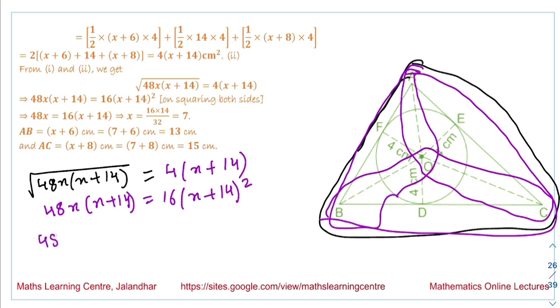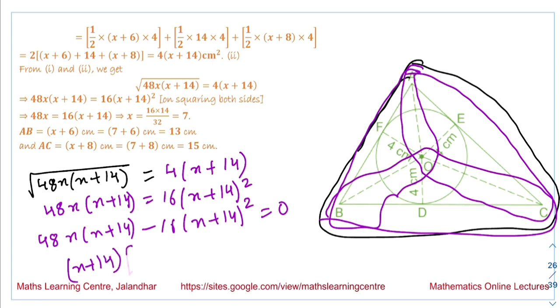You can write 48x into x plus 14 minus 16 into x plus 14 square is equal to 0. So x plus 14 is common. We are left with 48x minus 16x minus 16 into 14, that is equal to 0.